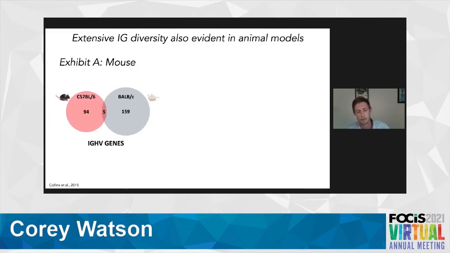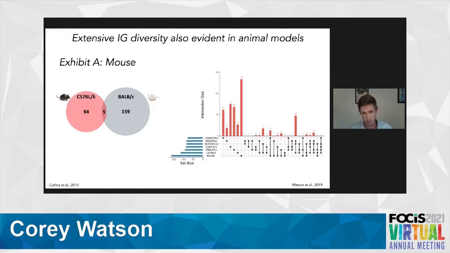And several of us are now trying to understand this to a greater degree and across various mouse strains. What we're seeing is that, in fact, there is a lot more variation than we previously anticipated. This is an upset plot showing comparisons across 7 different strains, again with FOCiS and C57 black 6 among those.